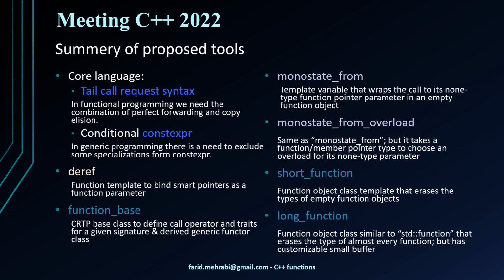Here you can see a summary of what I wish to see in the future of functional programming with C++. I would like to see a syntax for tail call requests that can optimize the definition of our generic functions, and we can make the constexpr keyword conditional just like the explicit or noexcept keywords, which makes our generic code more flexible.